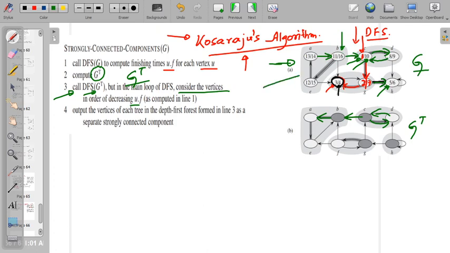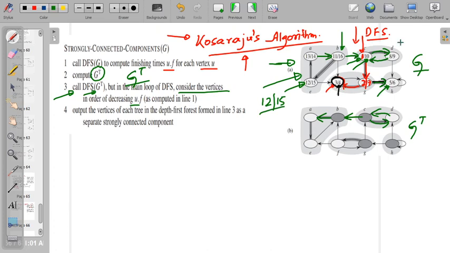Here in this graph, which node has the highest finish time? Is it this node? 12 is the start time, 15 is the finish time here.